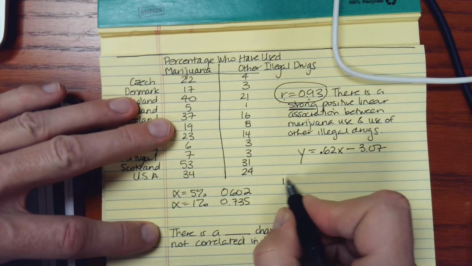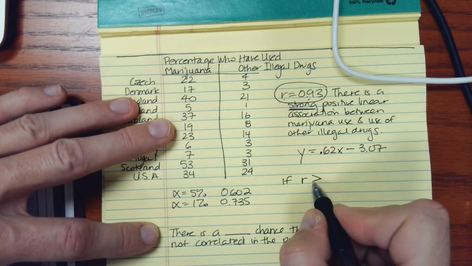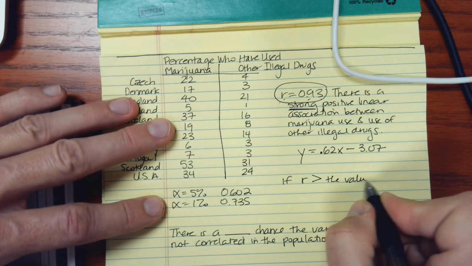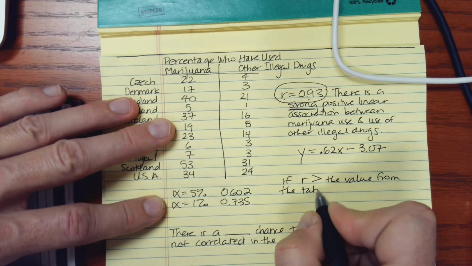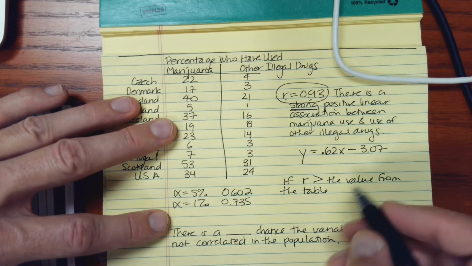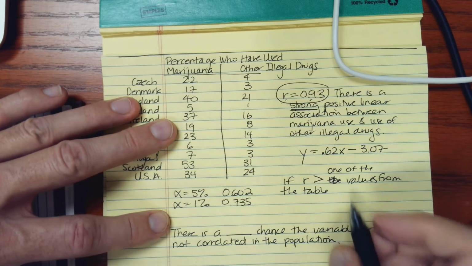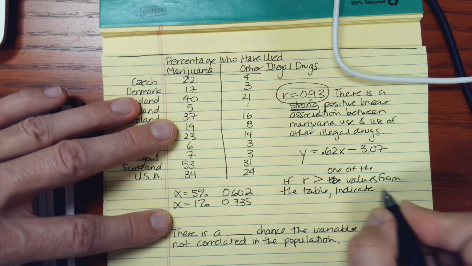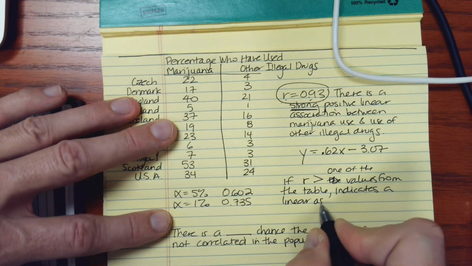So if R, our correlation coefficient, is greater than one of the values from the table, this indicates a linear association.